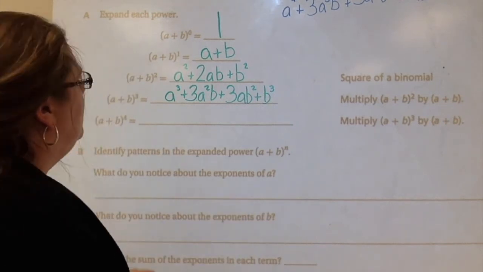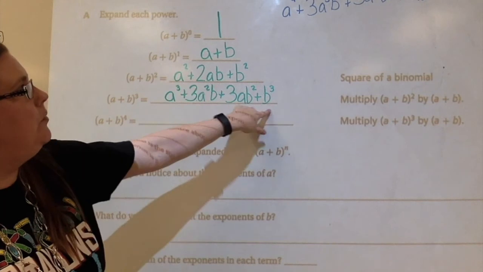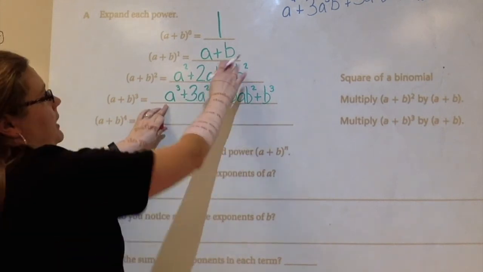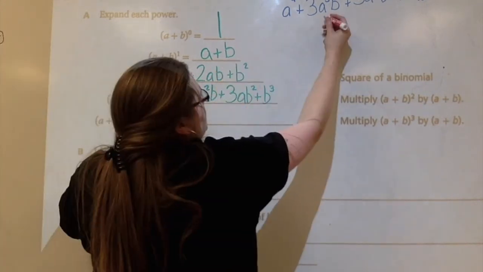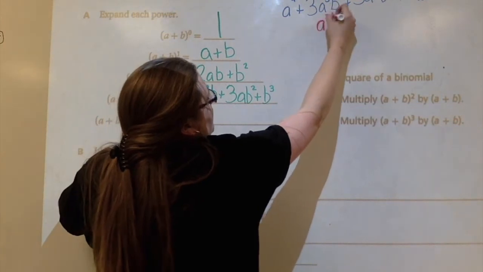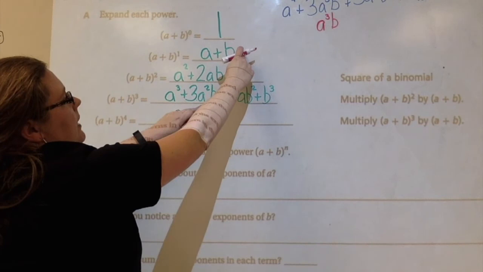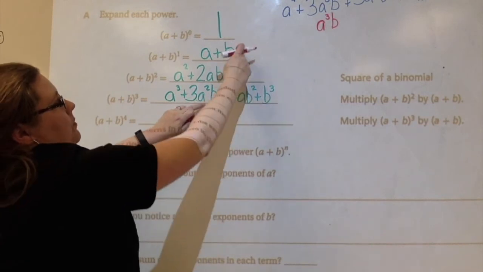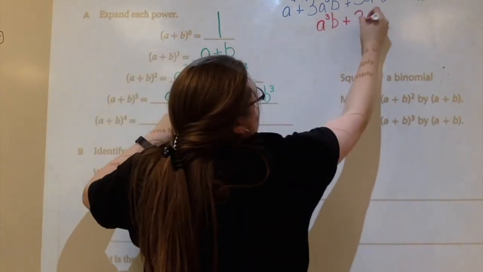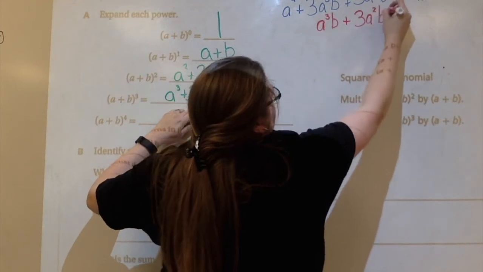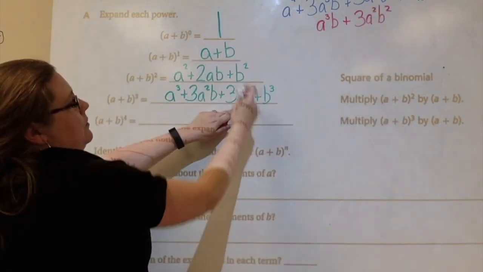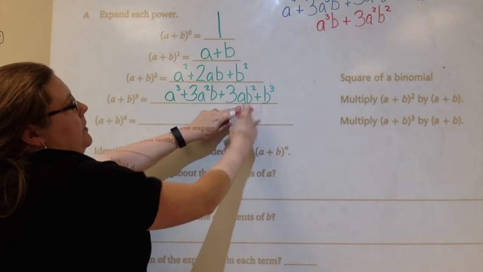Okay. Then I'm going to multiply the b times every one of these. B times a cubed is a cubed b, and again, notice I am lining up my like terms. B times 3a squared b is 3a squared b squared. B times 3ab squared is 3ab cubed.